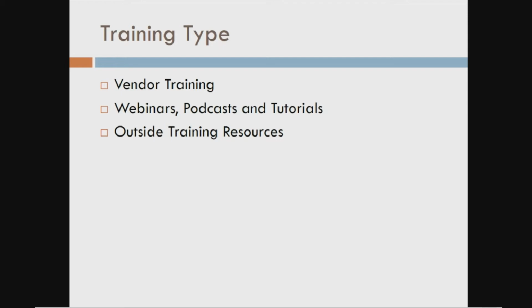In the process of buying that item, the vendor provides a training session. It means the one who provides the item will conduct the training for us. So that is vendor training. And then we have the webinar, podcast or tutorial.